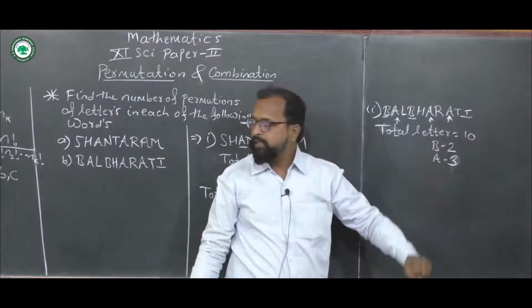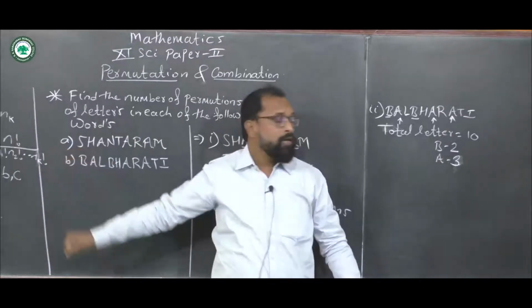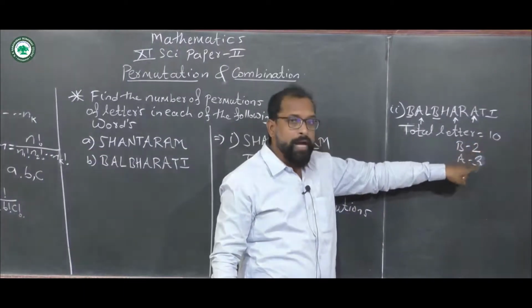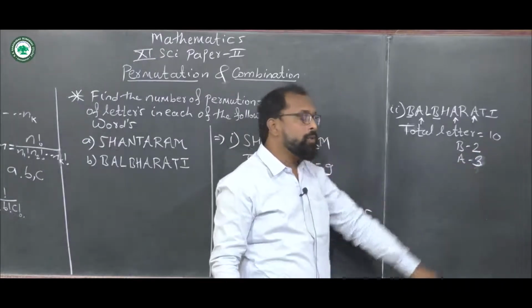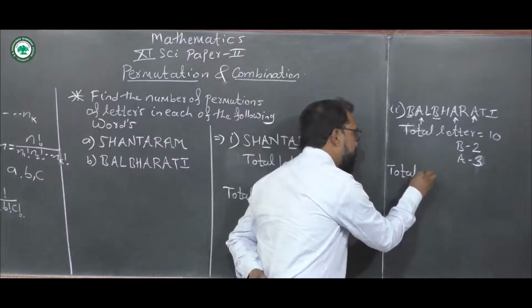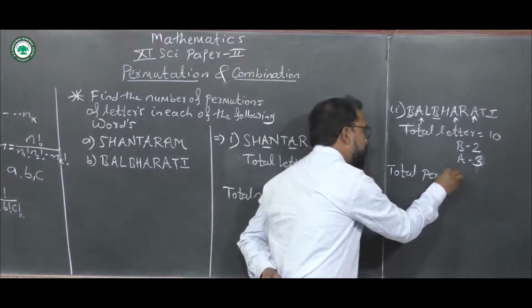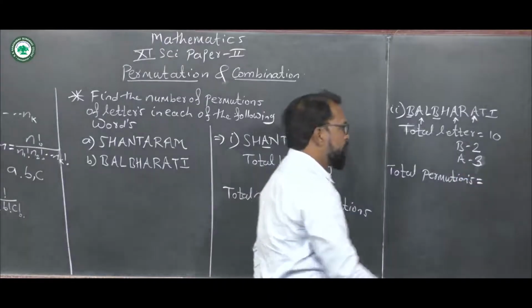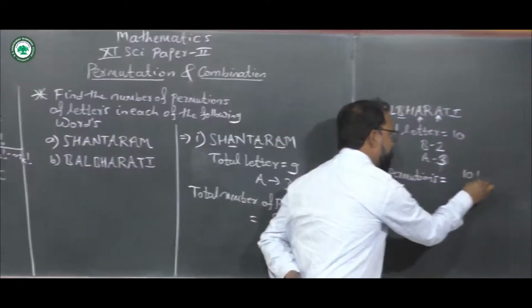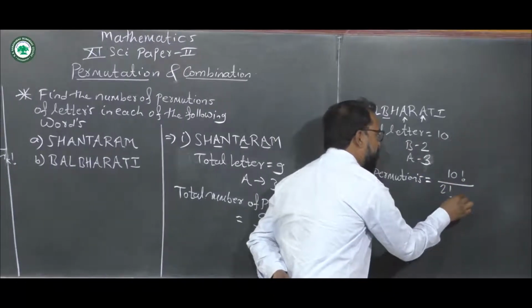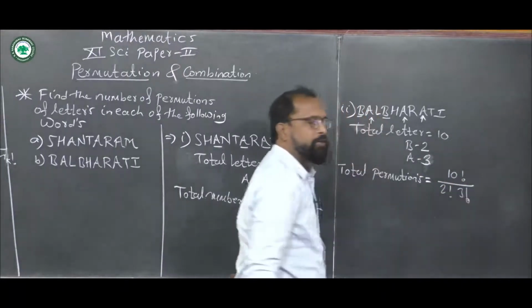Now, if we consider this formula, the value of n is 10, n1 is 2 and n2 is 3. So the total permutations, or the total arrangements, equal 10 factorial upon 2 factorial into 3 factorial.